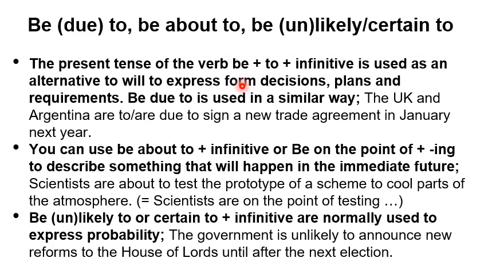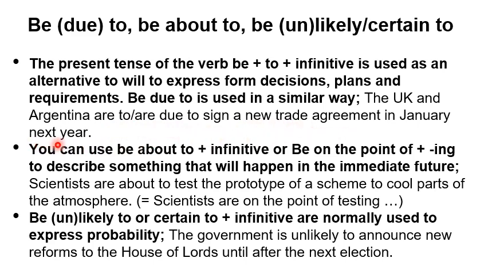The present tense, in the form be to infinitive, can be used to talk about the future. For example, the UK and Argentina are to or are due to sign a new trade agreement in January next year.